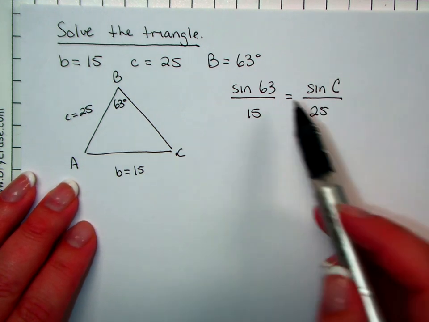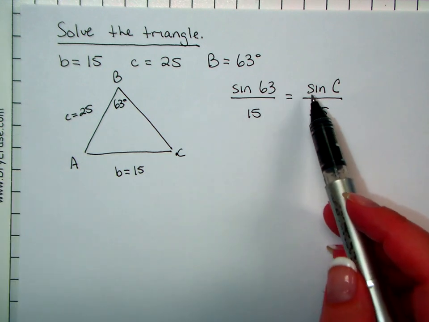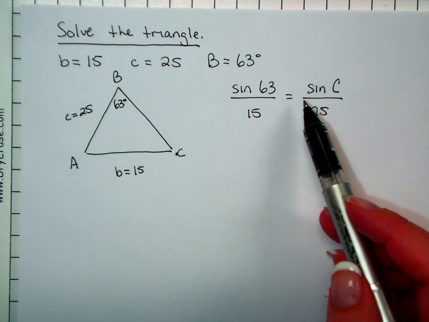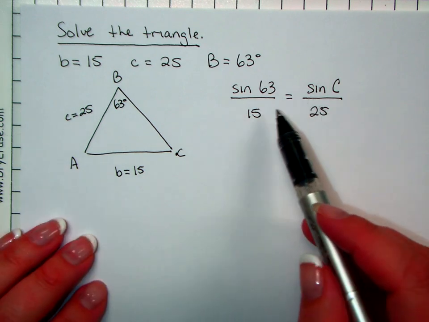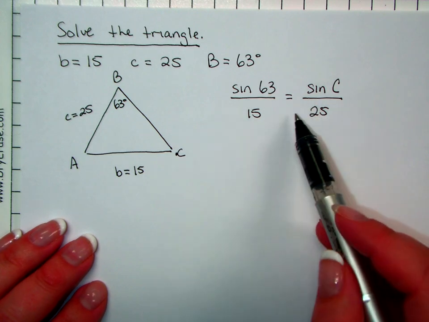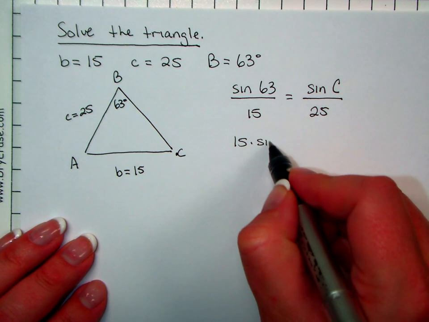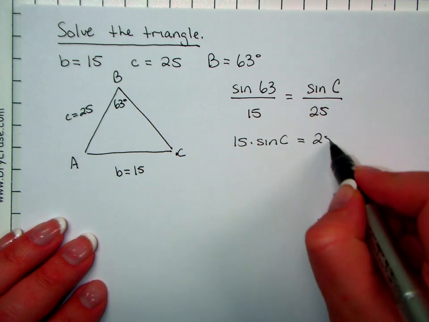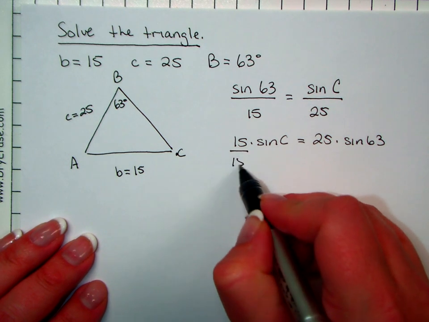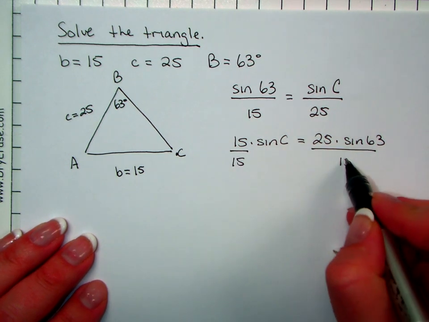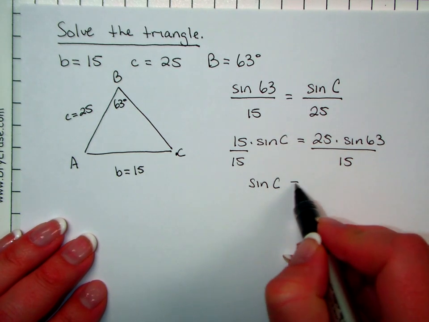And so here we still have the same ratio that we can cross multiply, but notice our variable isn't a side, our variable is the angle, right? So we're going to have to solve this for angle C. So the first thing I am going to do is go ahead and cross multiply. So 15 times sine C equals 25 times sine of 63. And then we're going to divide both sides by 15. I like to show one additional step here.